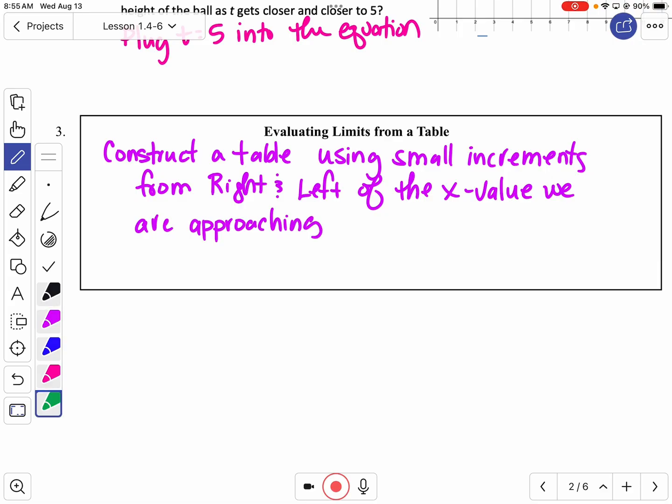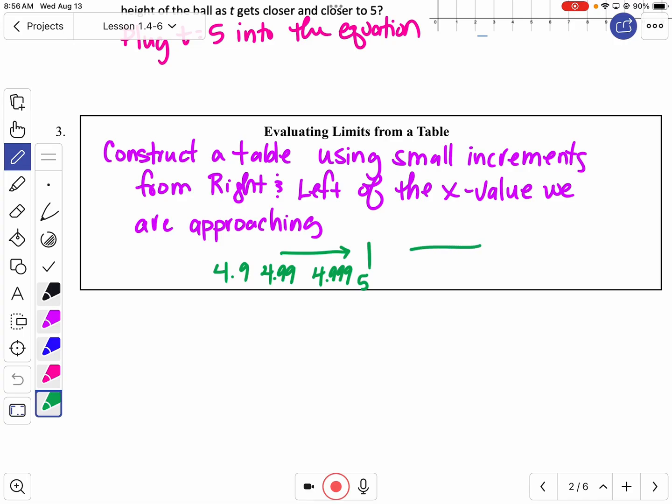Okay. I want to show you what I mean by small increments. Let's say that we're trying to get to 5. If I'm coming in from the left, I might use these values: 4.9, 4.99, 4.999. I want to use these small increments. What's happening as I get close to 5 from the left?